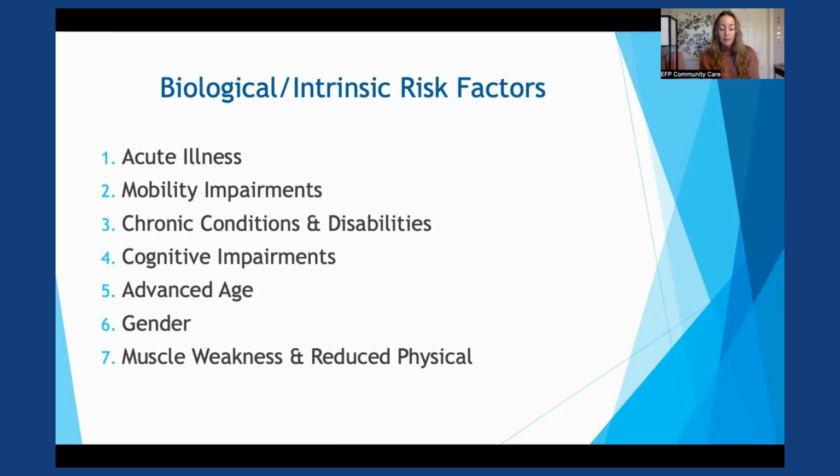Advanced age, so conditions associated with aging, not aging itself necessarily, but things that are associated with aging, like a decrease in vision, our hearing, changes in awareness of our body and sensations. An example of that is if we lose the sensation in our feet. When we're making contact with the floor, we're not always knowing we're making contact, and that can really impact our balance.